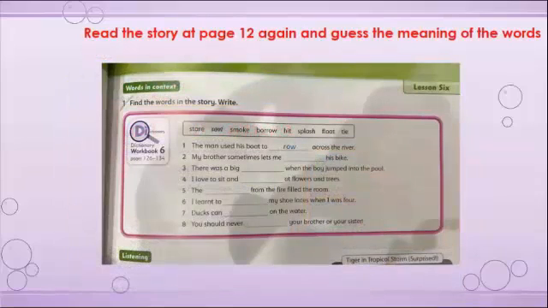Now, after we have listened to the passage, Island Adventure, or the story, we are going to move to exercise 1, page 13. This exercise is homework. You are going to do it by yourself. How? First you have to read carefully the passage or the story again in page 12.